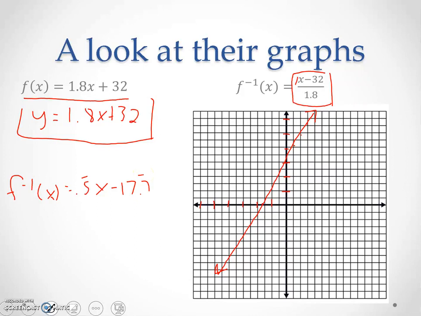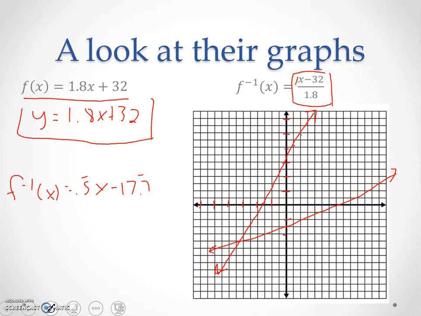So again, I'm going to be estimating here, but this is going to have a y-intercept of about negative 17, which is going to be about here, and the slope is 0.5, so it's almost a half, up 1 and over 2. And what we're going to have is something that's going to look something like this, or roughly something like that.